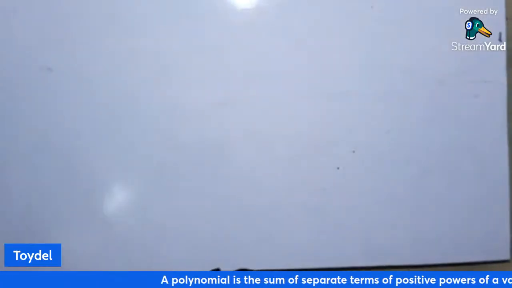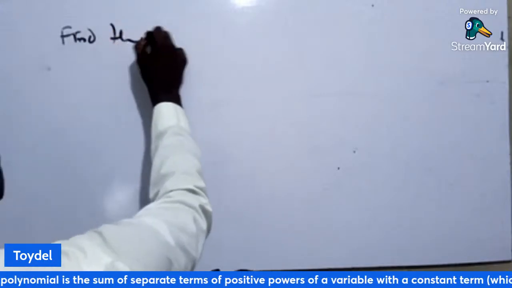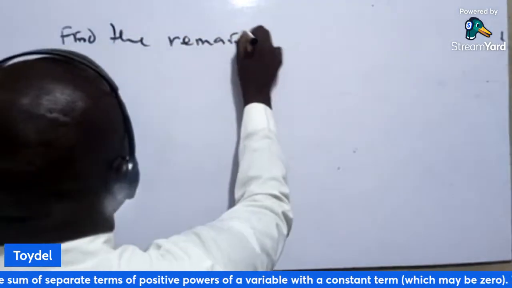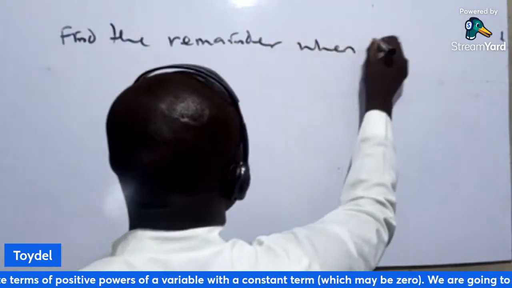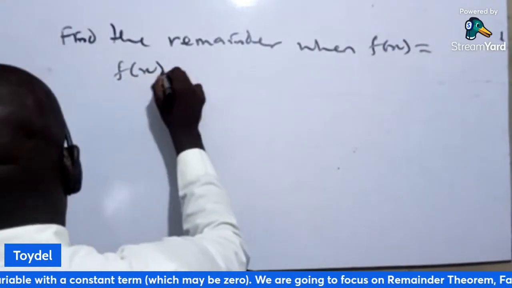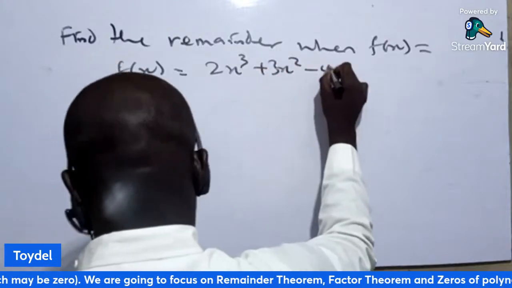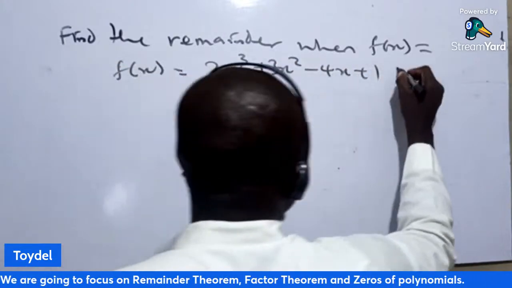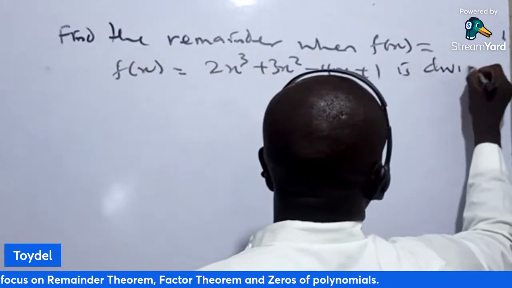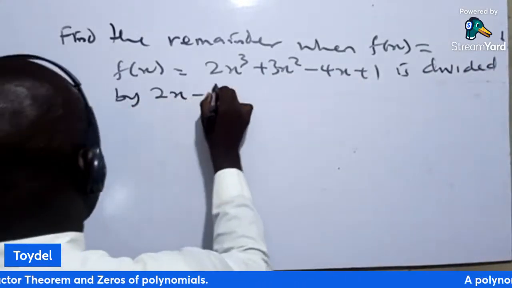Example: find the remainder when f of x, which is equal to 2x cubed plus 3x squared minus 4x plus 1, is divided by 2x minus 1.